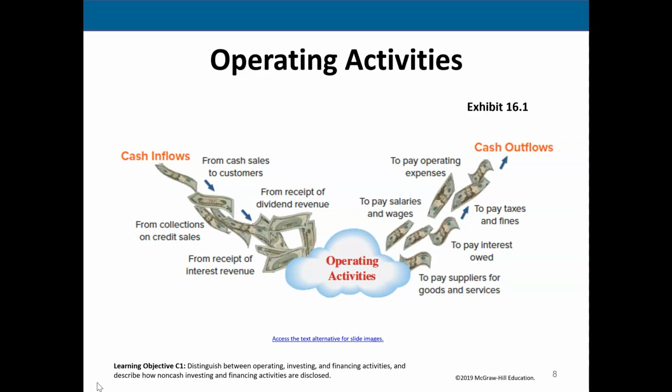The outflows from operating activities would be the usual of paying taxes, paying salaries, paying suppliers for the goods and services they purchased, and also paying operating expenses. Those are all cash outflows or money going out of the company.